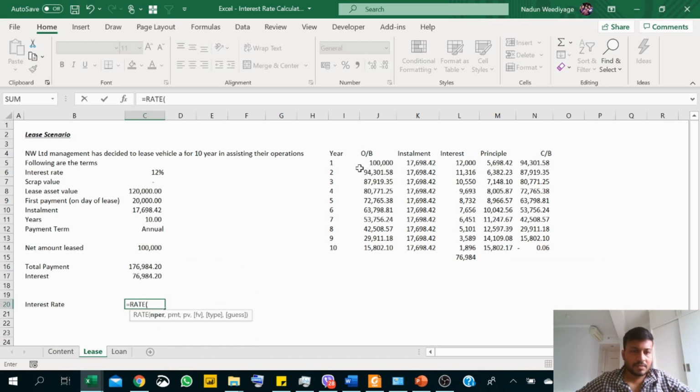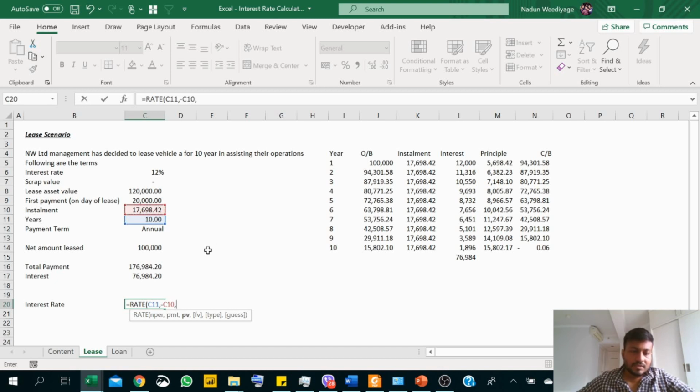The number of payments we pay each year, so we pay for 10 years, so the number of payments is 10. The payment we make is 17,698. In this formula, when you are entering the payment it is recognized as a minus value, so you need to put minus the installment amount, which the formula recognizes as a minus value and a payment.